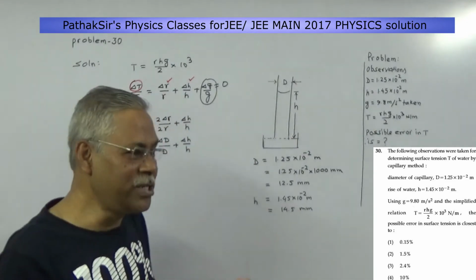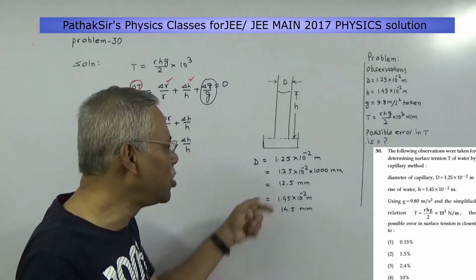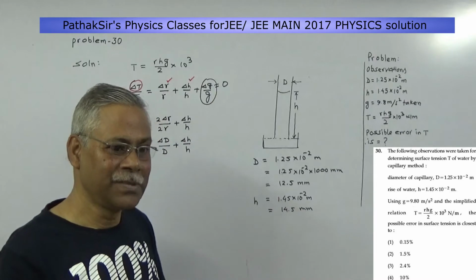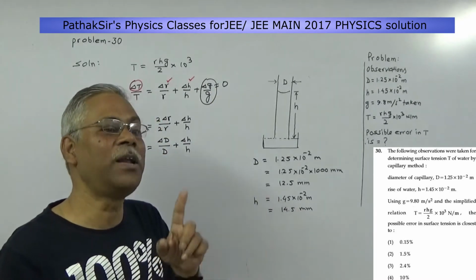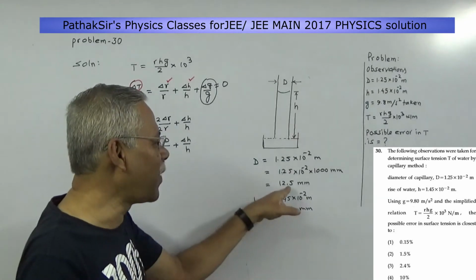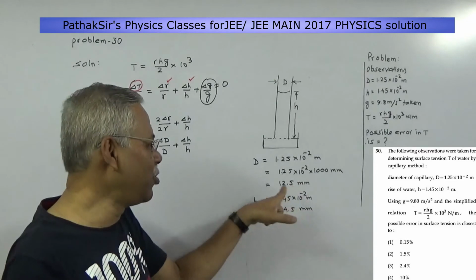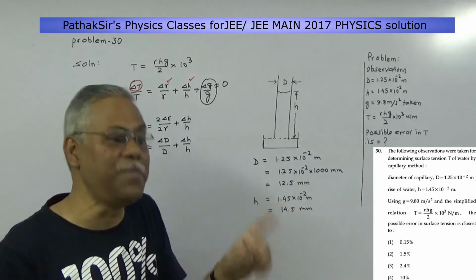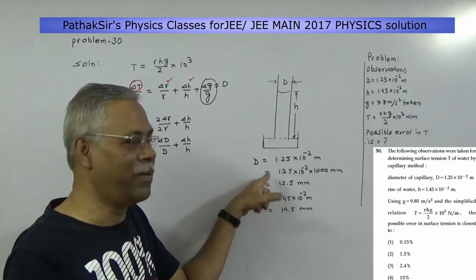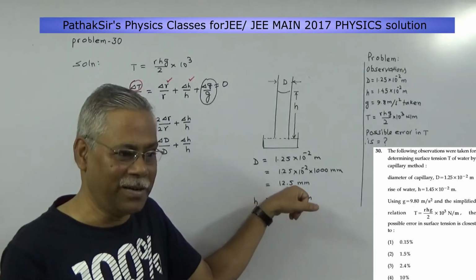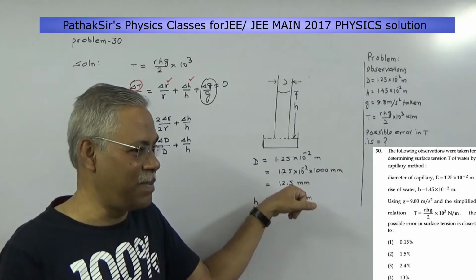Now you decide which scale you have used to measure D and h. Have you used a millimeter scale? You have not used a millimeter scale because the least count of a millimeter scale is 1 millimeter, but here we find a least count of 0.1, because your reading is not 12 millimeter, it is 12.5 millimeter. That means the scale that you have used is capable of measuring 0.1 millimeter. So obviously you have used a vernier caliper.